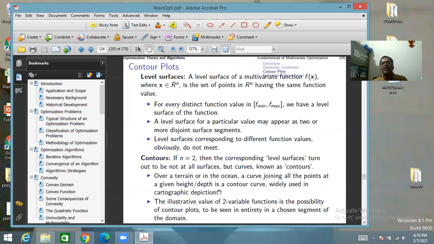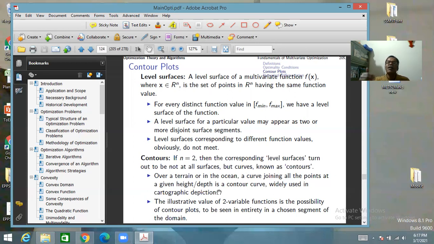So here also the meaning is same. If you take particular objective function value and all those points in the 2D space which have that same particular value of the function, you connect them and get a continuous curve, or more than one continuous curves. Those are contours. So for one function value, you get a contour, one curve or more curves.